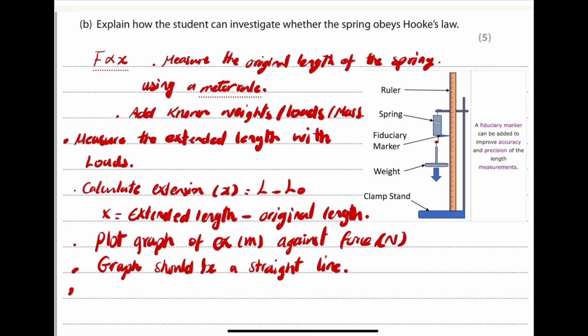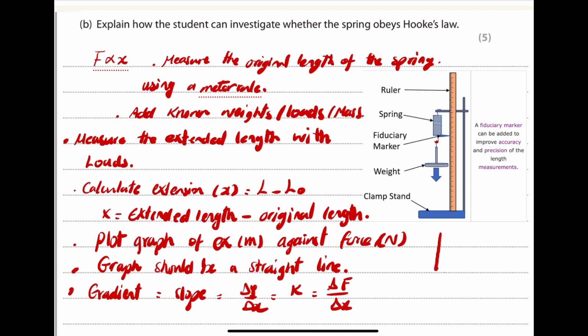So the gradient, or the slope, delta y over delta x, is going to be what? The spring constant, which is the change of F divided by the change in extension.